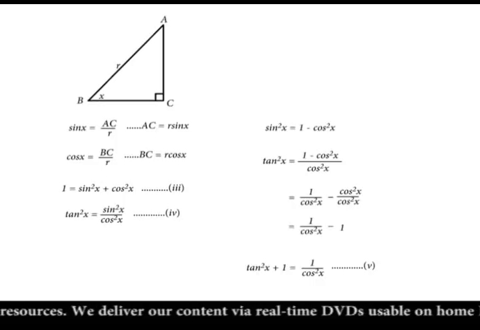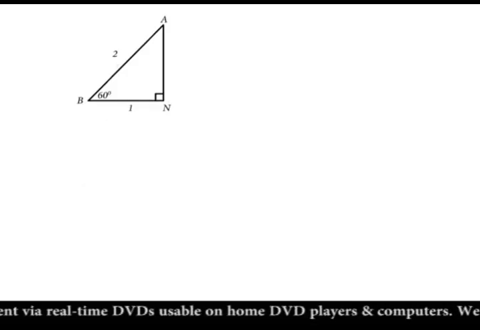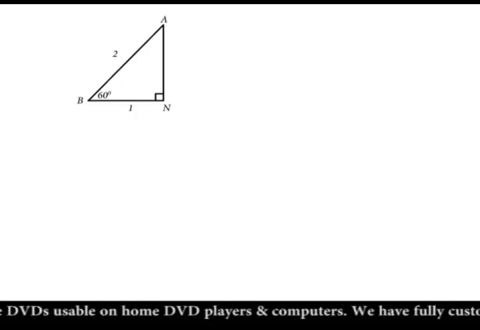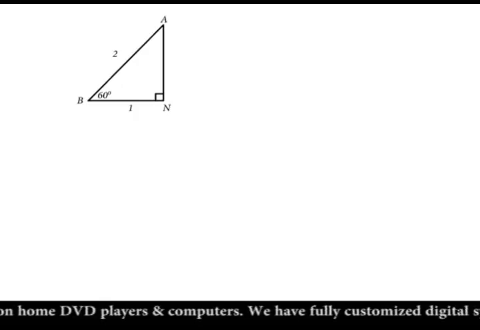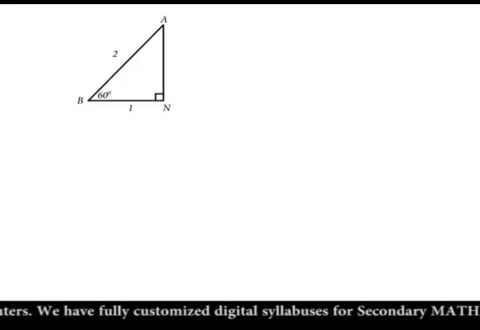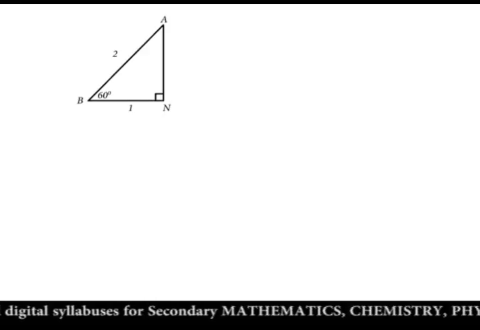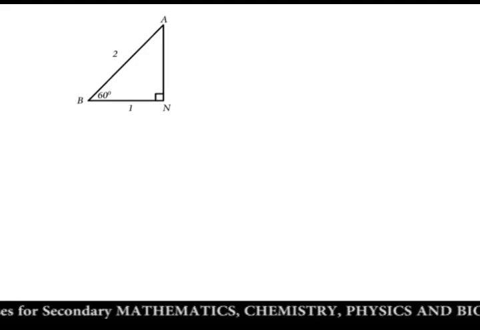Now, consider this right angle triangle ABN with the hypotenuse of 2 units and one of the shorter sides is 1 unit. We also have one of the acute angles, 60 degrees. We want to use this triangle to prove that these relationships are indeed true. But first we find the missing side.